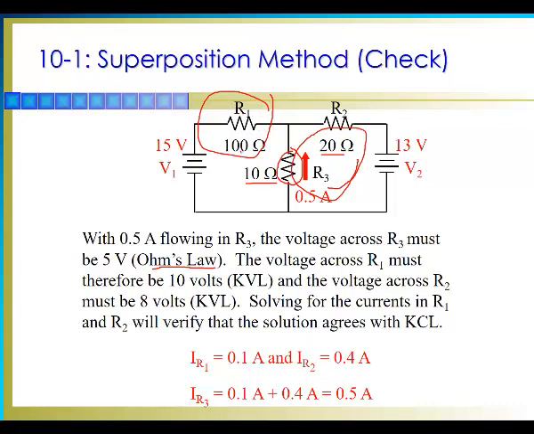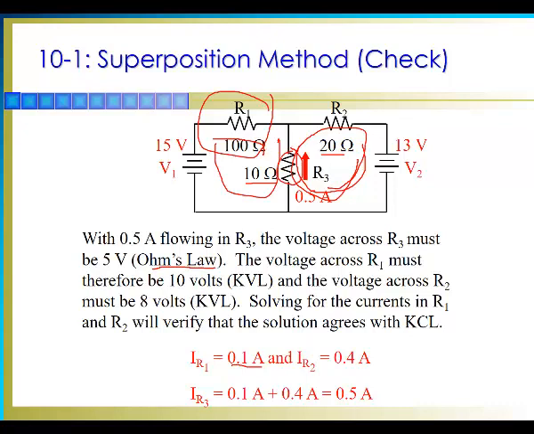So 10 divided by 100 will be 0.1 amp. Okay, so that would be 0.1 amp, the current 1 in this loop, or this direction if you want, or this direction right here. So current 1 would be 0.1, current 2 would be 0.4.